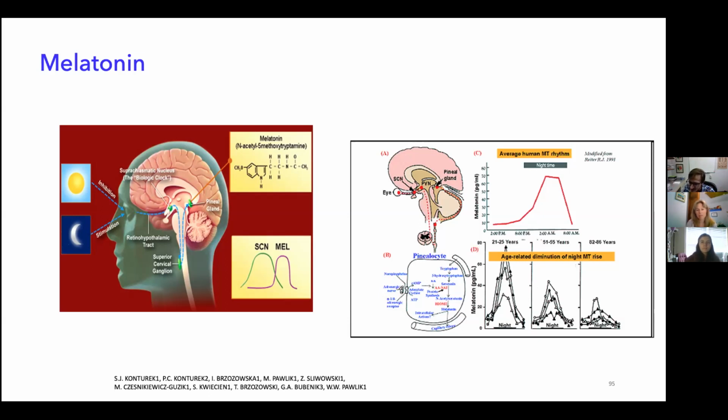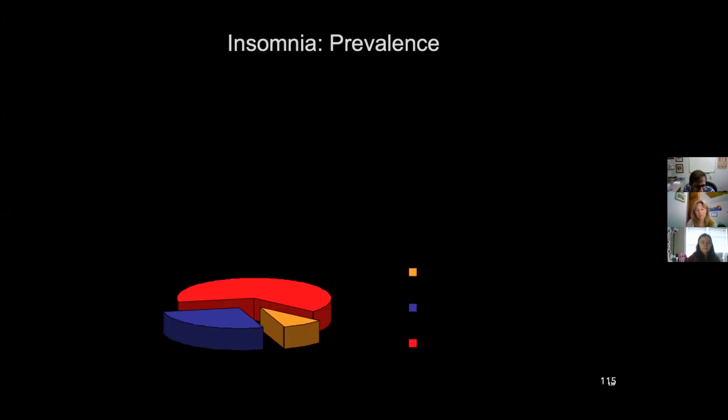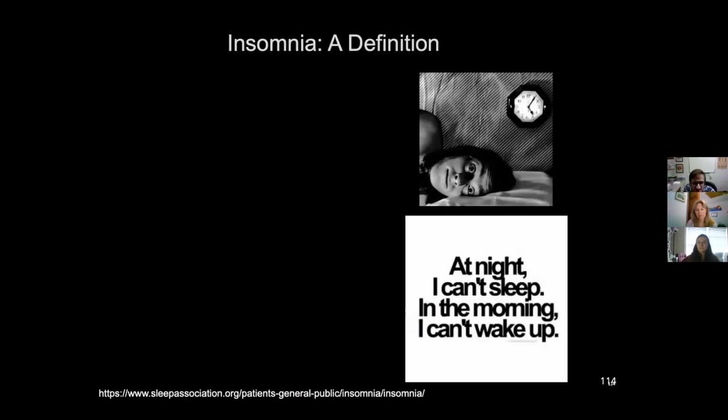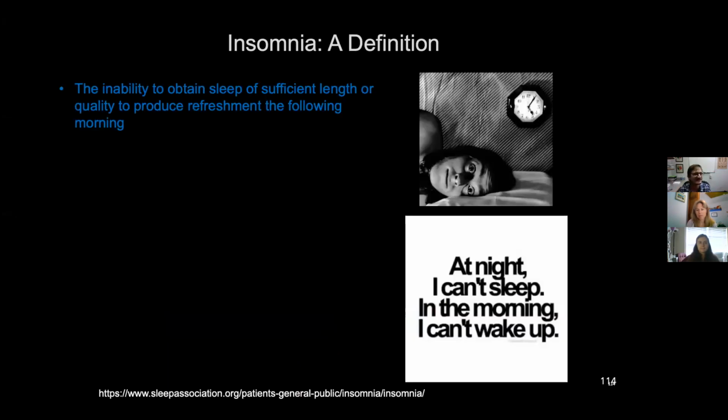Insomnia we have to separate from different types of sleep disorders. There's my definition slide. Insomnia is the inability to obtain sleep of sufficient length or quality to produce refreshment the following morning. It's not that you're busy doing other things and you just don't have enough time to sleep.